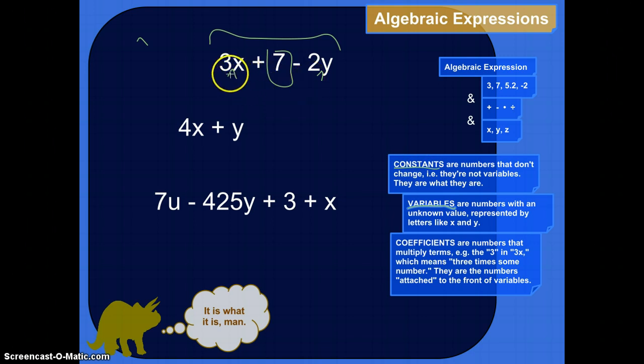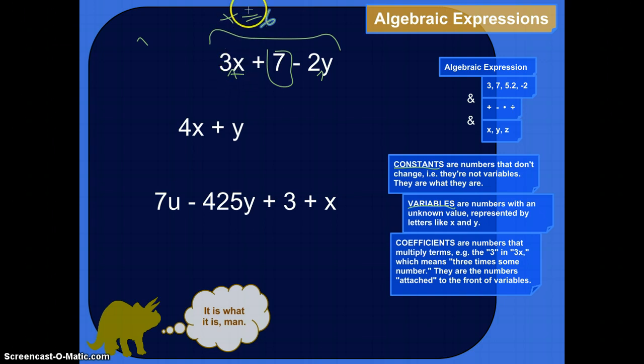So this x here represents an unknown. We don't know what the value of that x is. It could be anything. I could say x is equal to 6. And then if you were to evaluate this expression, you would plug in 6 for x. So in this case, that x stands for the number 6.